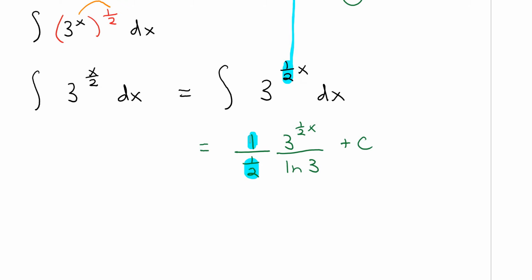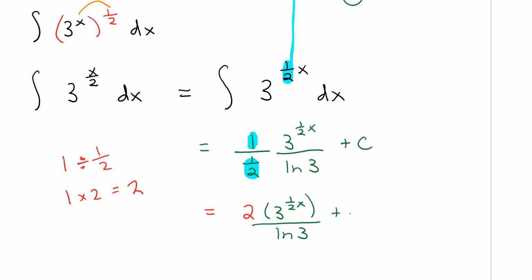Remember, 1 divided by 1/2 is the same thing as 1 times 2, which is just 2. Okay, so that's going to be 2 times, I'll put this in brackets here, 3 to the power of 1/2 x divided by ln 3 plus c, and that's your final answer there.